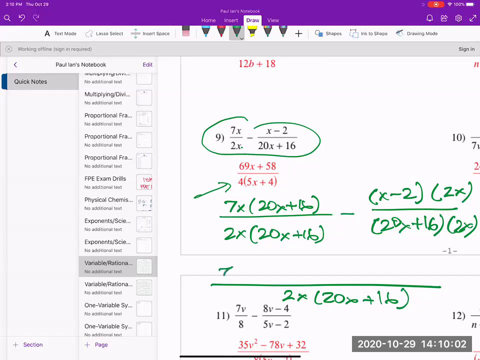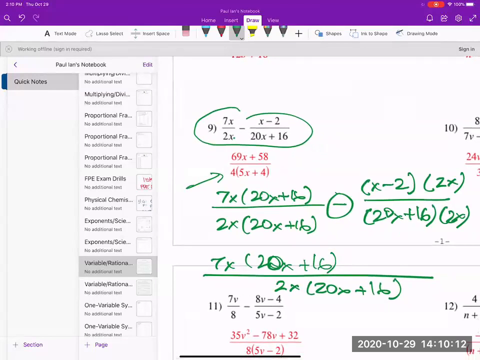So 7x, 20x plus 16. And then what do you do with this negative? This negative right here. What do you do with this guy? I don't know. You distribute it, right? Yeah. So what I usually do is I just do this first because you will end up distributing it, but I would just do this first. So 2x, x minus 2, something like that.